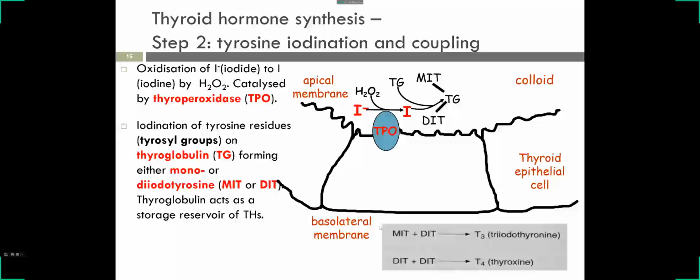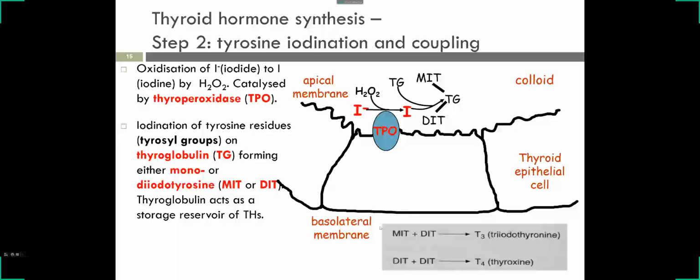This forms the mono or diiodotyrosine that we talked about, and this serves as a giant reservoir for storing your hormones. You can think of it as a long train. In a long train, you take the cars off one at a time.